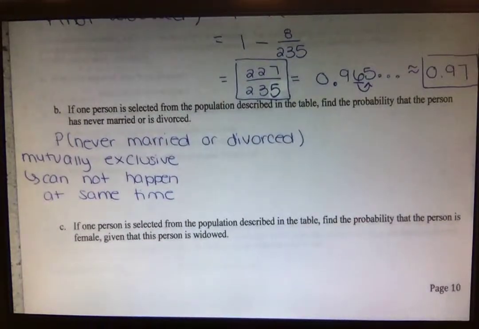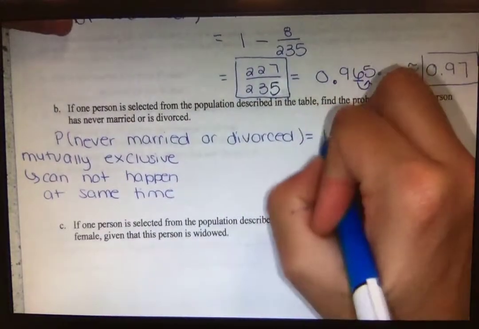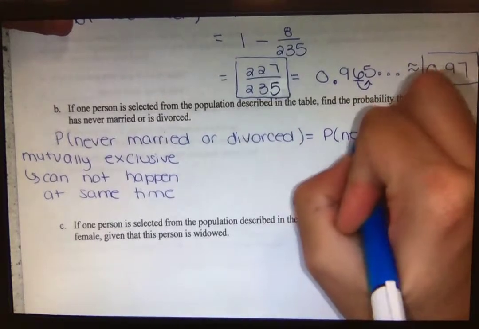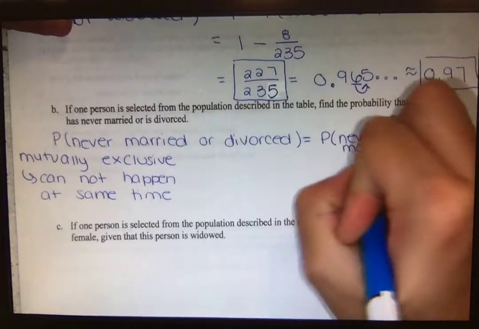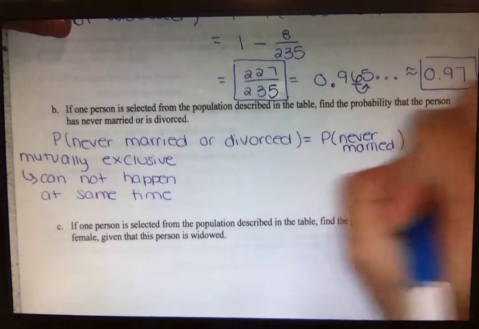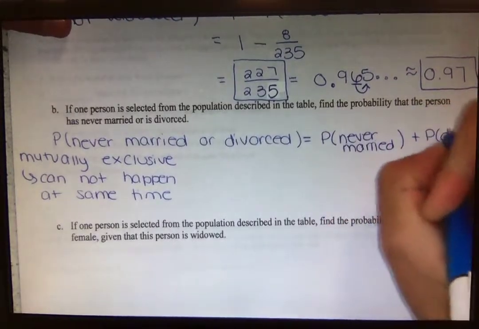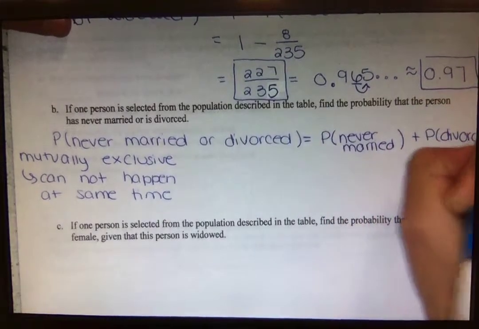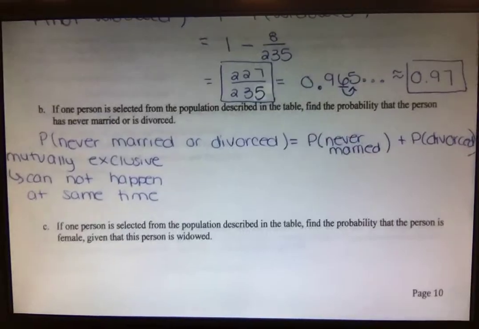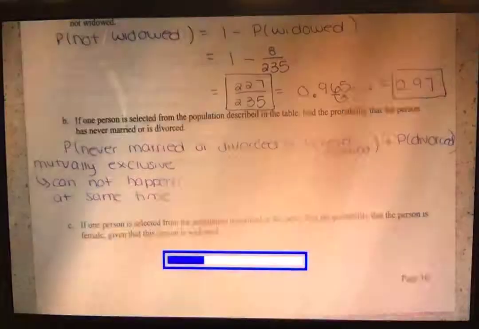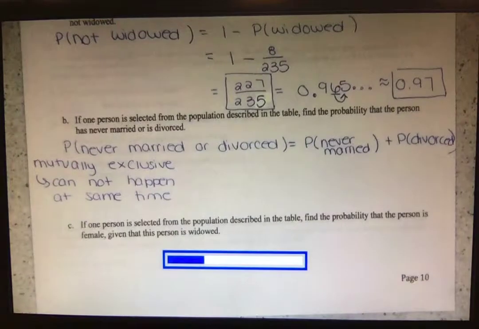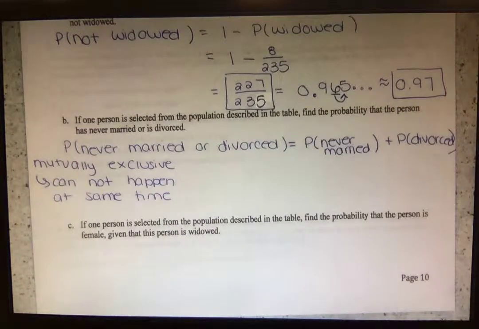So that means in order to find a mutually exclusive probability, we have to find the probability of never married plus the probability of divorced.